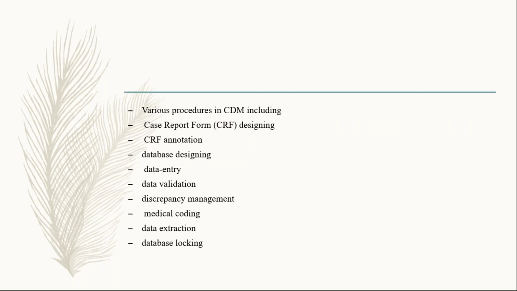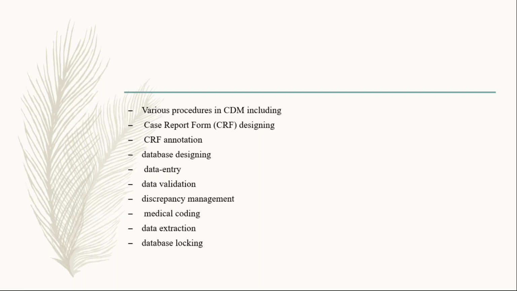Then the different steps. Initially we have the case report form where we will collect the data. Just remember, it is like a patient profile form where you have to enter the data. So that is the case report form. In the beginning stage itself, when you are working on the protocol of the clinical research, we have to work on designing this case report form also, because on this case report form only we will mark the data.